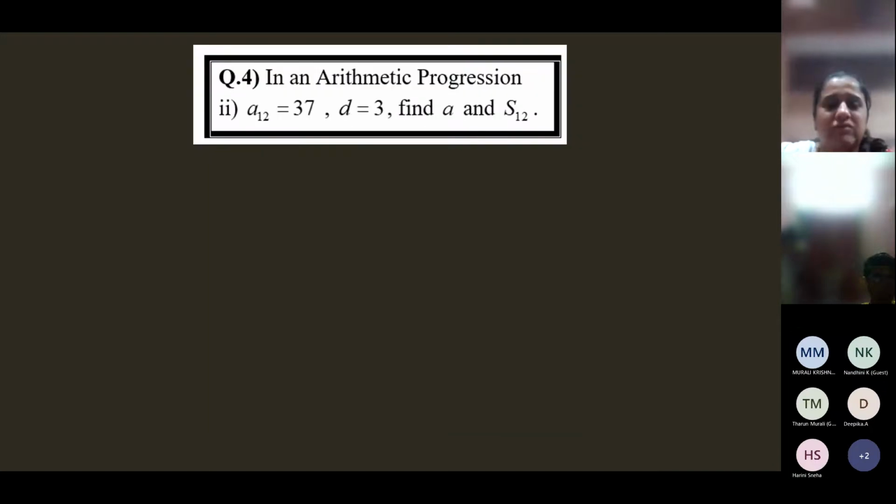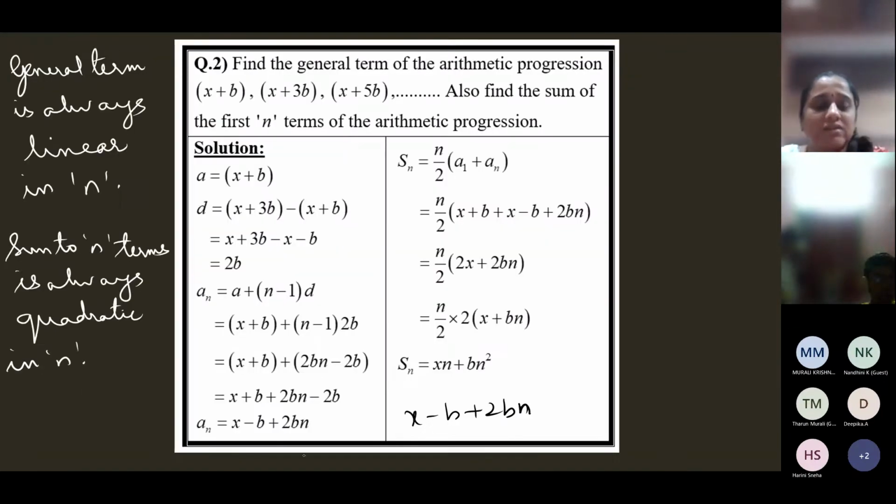Since here you have other unknowns like x and b, it might be a little confusing. Let me give you a different example. Sn will always be like, say, 2n square plus 3n. It will be a quadratic expression in n.